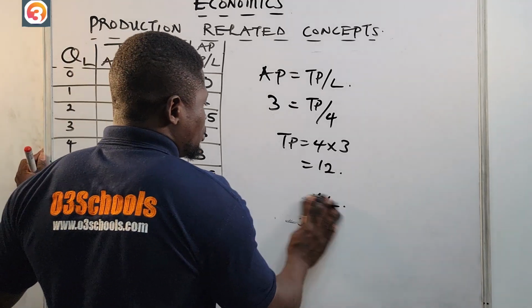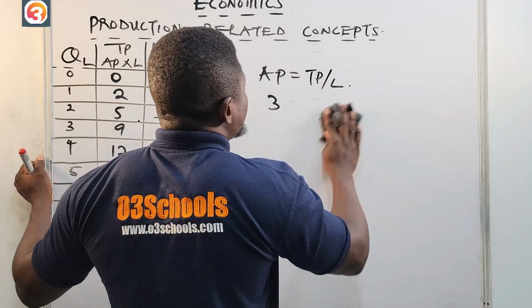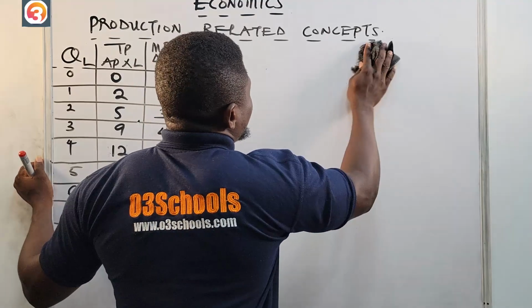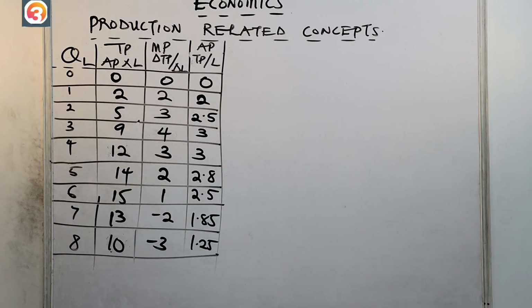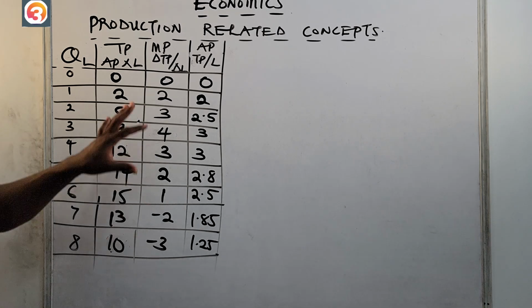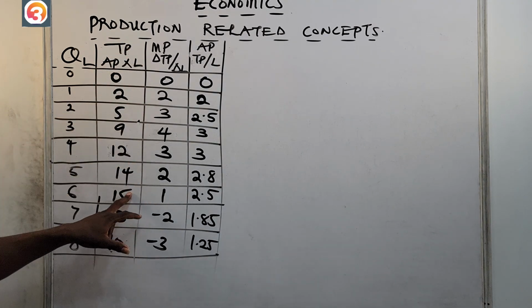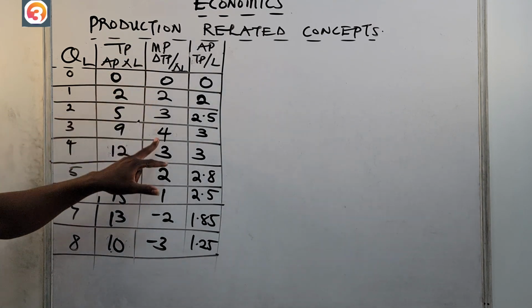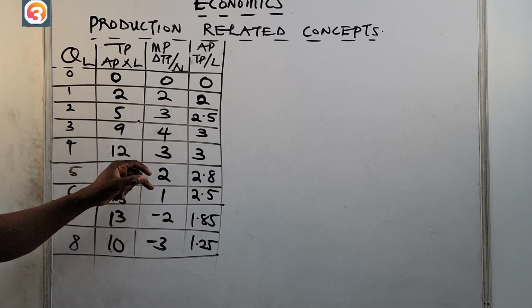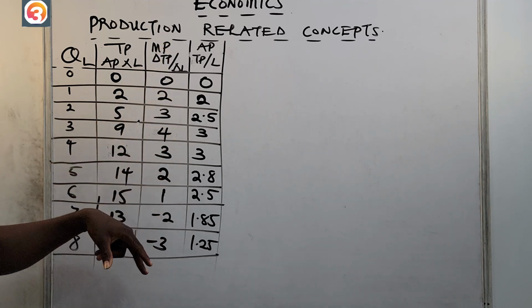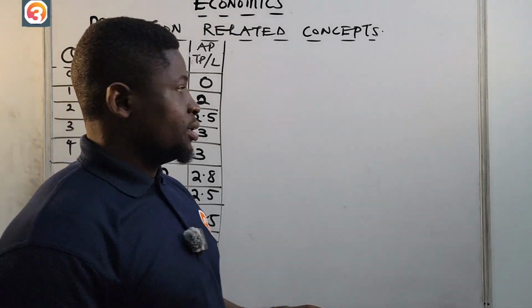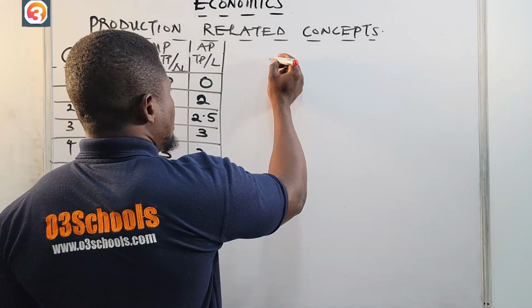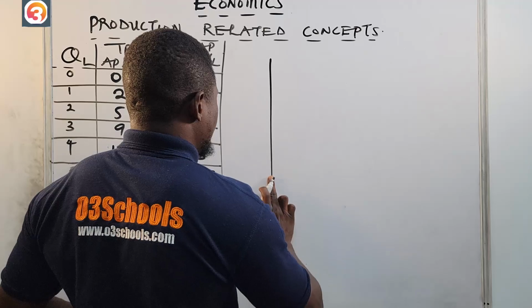So now let's draw a graph, so that we can understand how the curves for TP, MP, and AP look. If you look at the TP values, the highest is 15. For MP, the highest is 4. For AP, the highest is 3. So to choose a suitable scale, let me use 2 units to represent 1 centimeter.